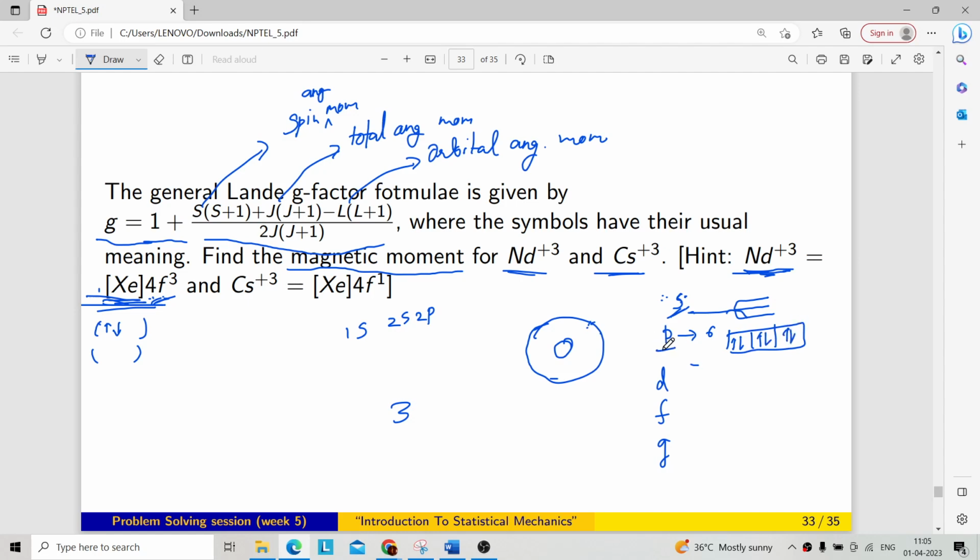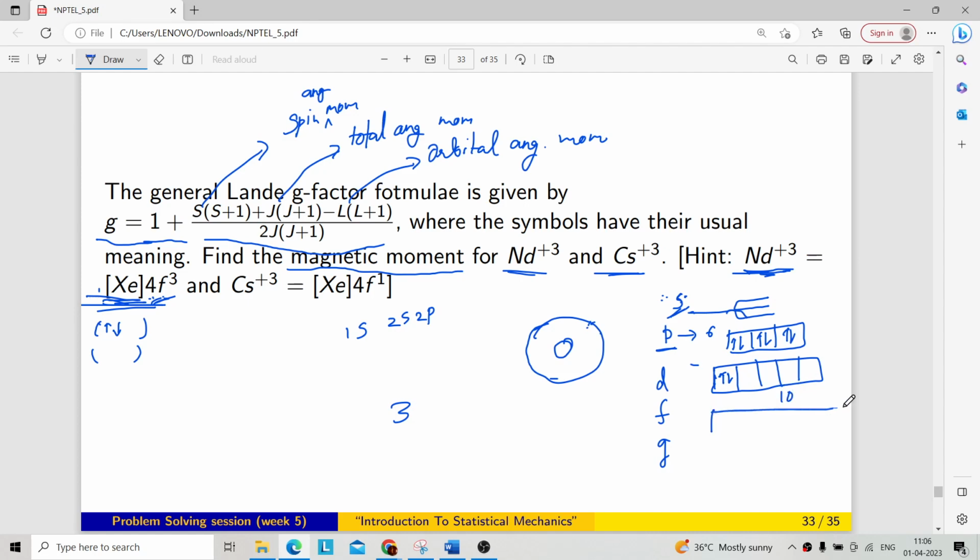This is for p. And for d we have 5 suborbitals, and each can store 2 electrons with opposite spin. So it can store 10 electrons.